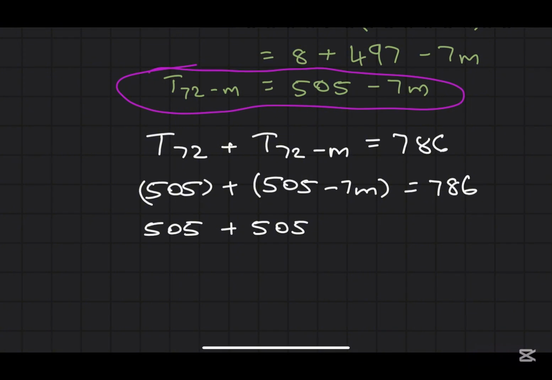So everything stays the same. 505 plus 505 minus 7M is equal to 786. It is 1010 minus 7M is equal to 786.